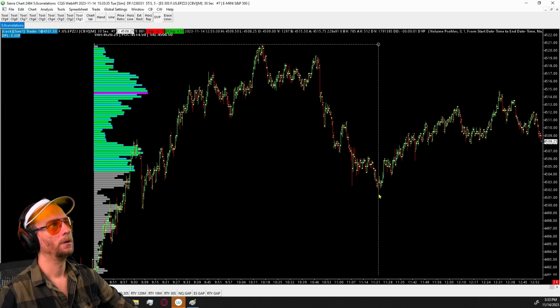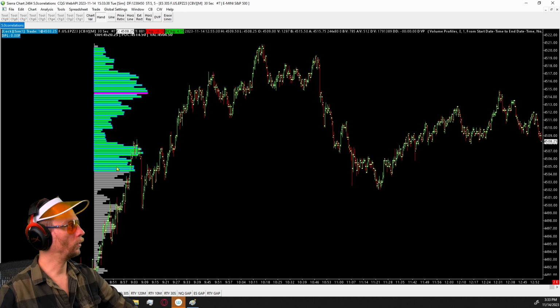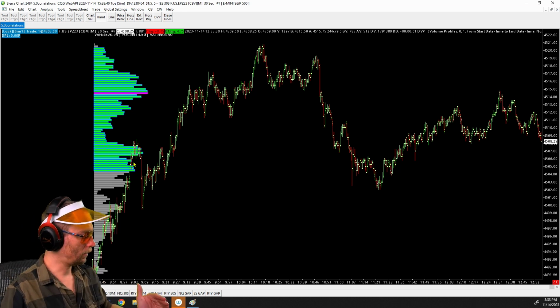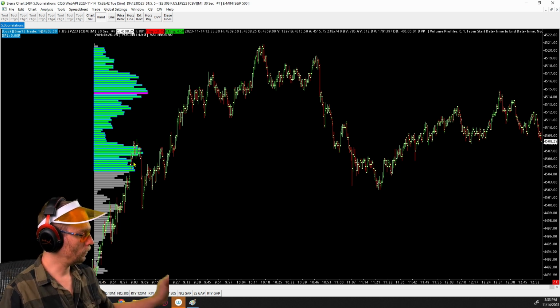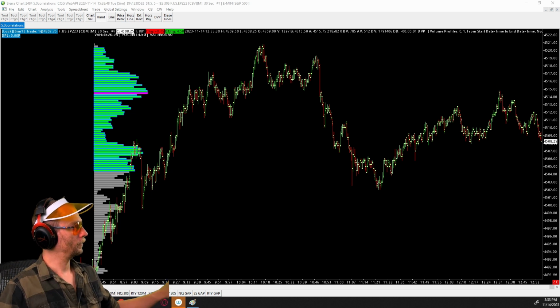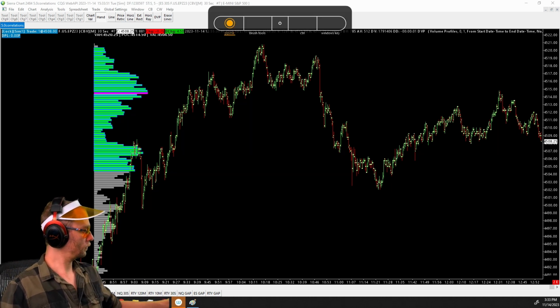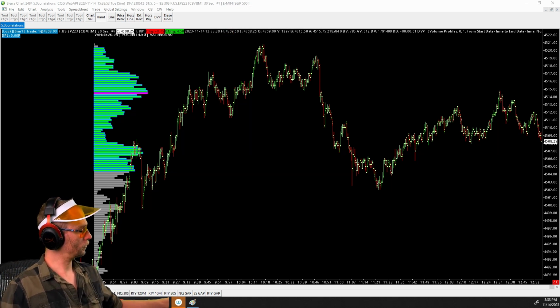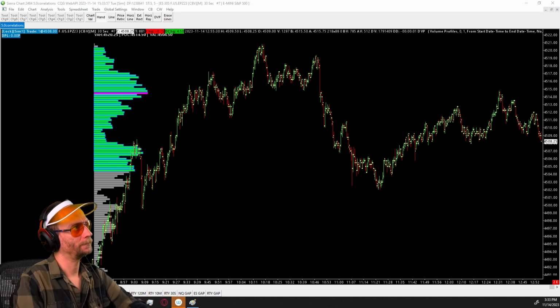So this curve is a little wonky because it has three humps in it. There's a hump there, there's a hump there.